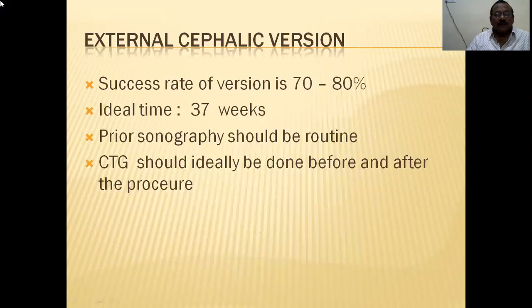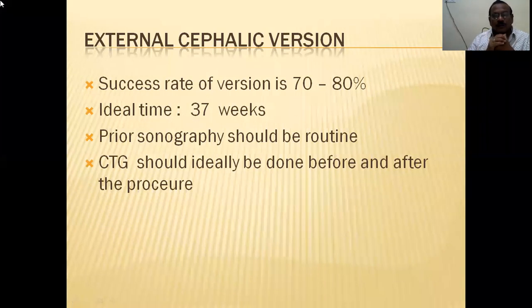In external cephalic version, we try to bring down the head by clockwise rotation. Catch hold of the head and turn it slowly towards the pelvis so that the breech reaches the fundus and the head comes onto the pelvis. The success rate of external version is only 70 to 80%, and the ideal time is around 36 to 37 weeks.